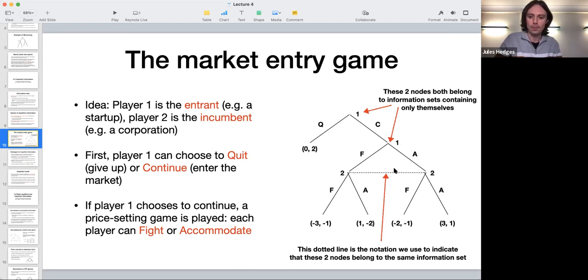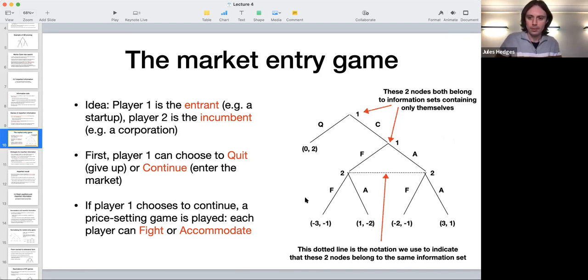So this is secretly a simultaneous game, and we're going to see more about why later on. And then we have some payoff setup here.